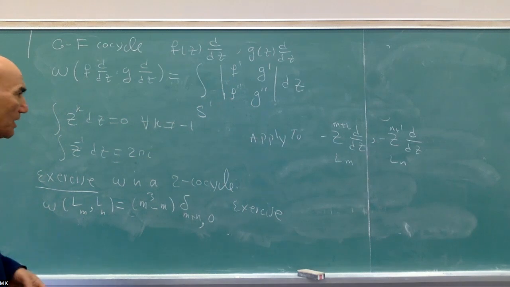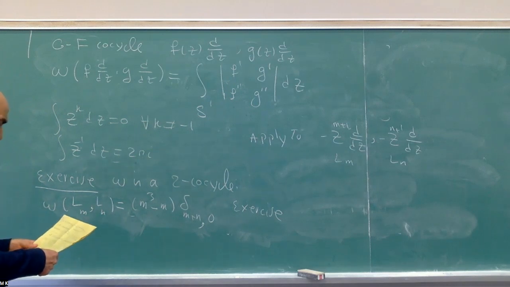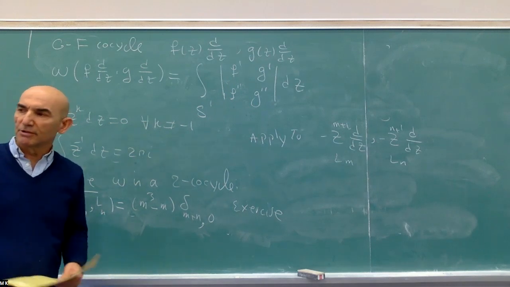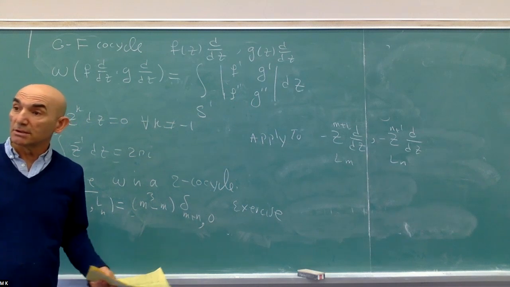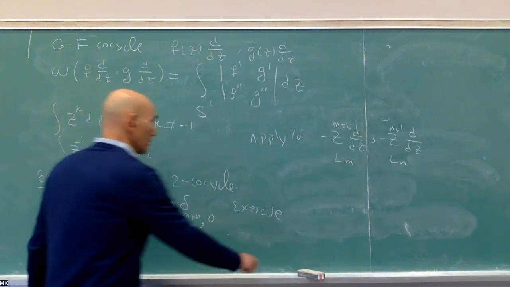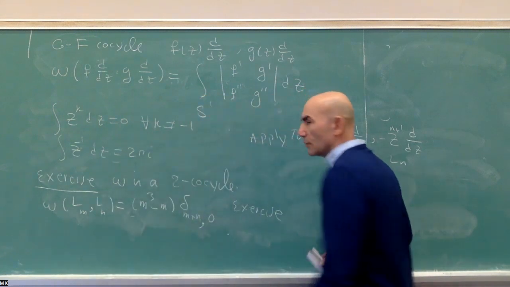So this is now the Virasoro algebra. So the structure of the bracket on the Virasoro algebra turns out to be like this. Okay. Any questions?